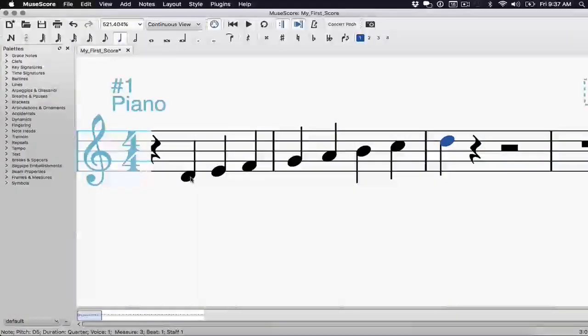So let's see if it matches that definition that I just told you, which is a minor scale with a raised sixth. For a minor scale, the pattern is whole step, half step, it's right so far, whole step, half step.